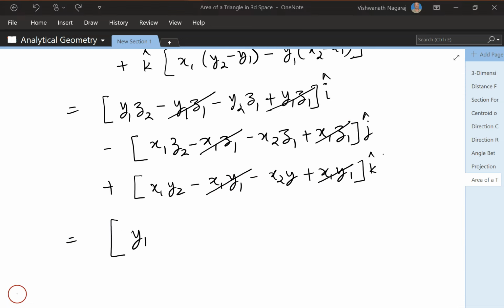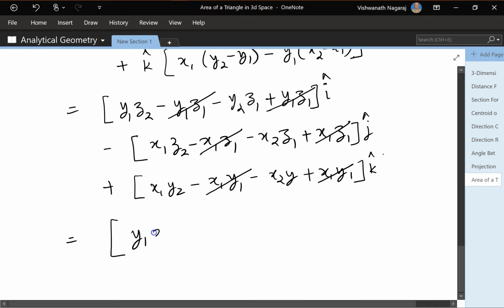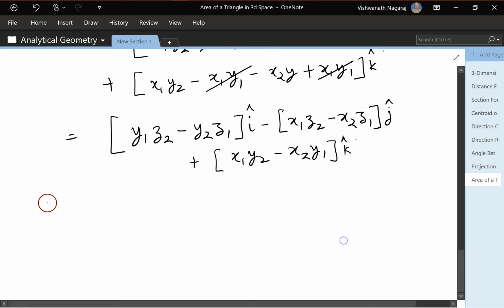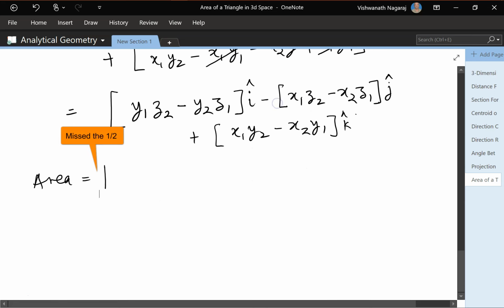So the overall expression becomes (y1 z2 minus y2 z1) i minus (x1 z2 minus x2 z1) j plus (x1 y2 minus x2 y1) k. Okay, the area would be half the magnitude of OA cross OB.